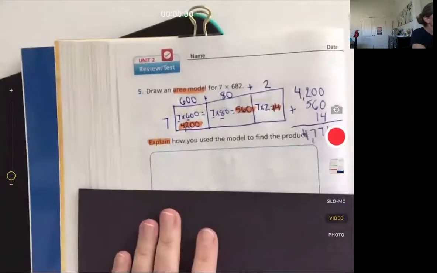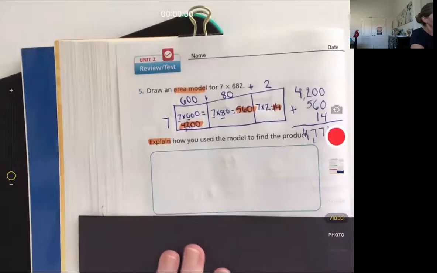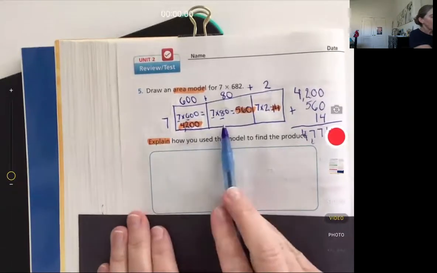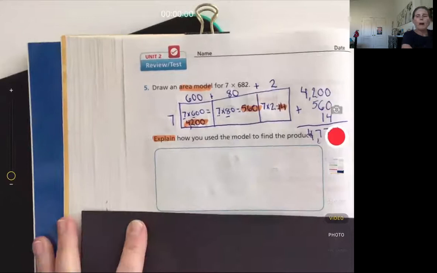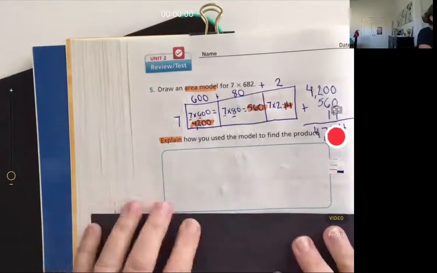Explain how you use the model to find the product. So here's where I can either show equations or I can just write using sentences.